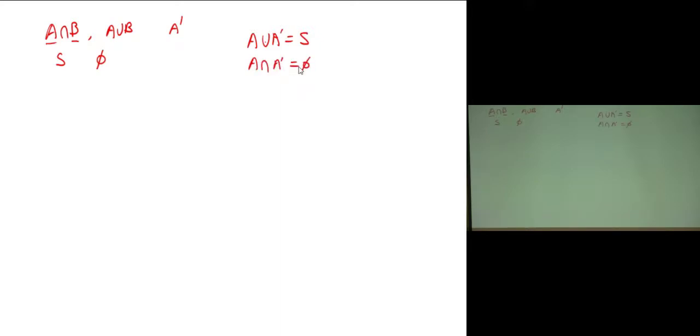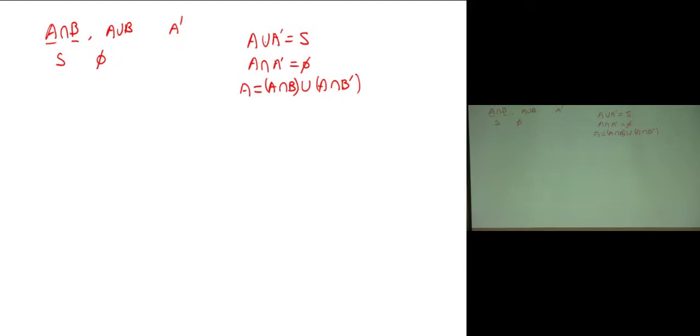One of the very useful properties is that an event A can be considered as divided into 2 parts. One is something common to B, and of course there's something common to B complement. So we union these 2 parts. These 2 events, A intersect B and A intersect B complement, are mutually exclusive events.